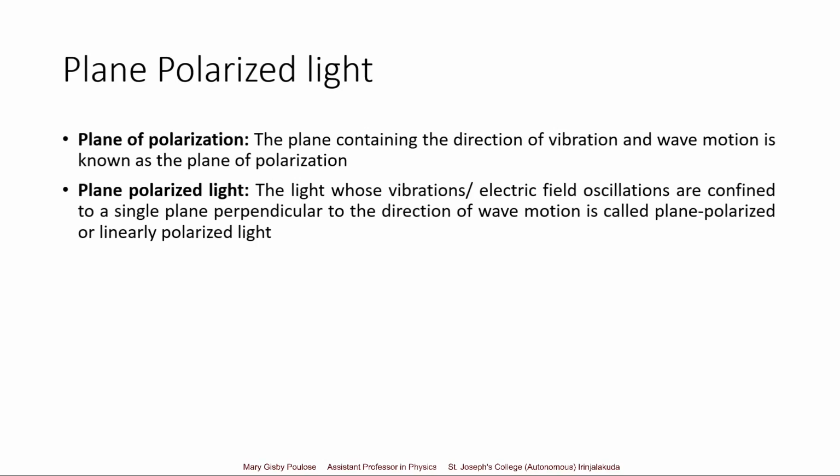It is perpendicular to the direction of wave motion and it is called the plane polarized light or linearly polarized light. Here we speak in terms of electric field because we have a relation E = cB, electric field vector is equal to C times B magnetic field vector. So the stronger vector here is the electric field.